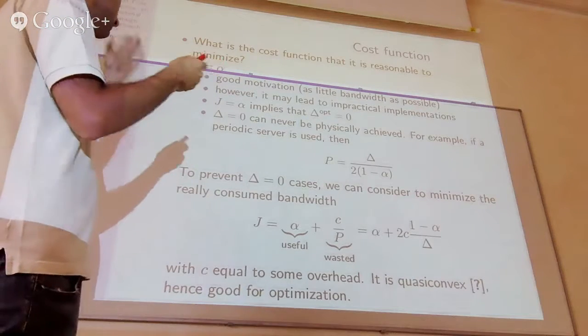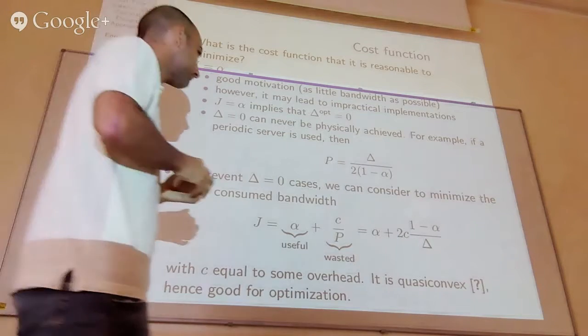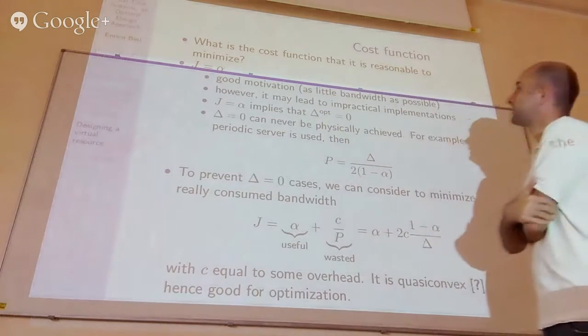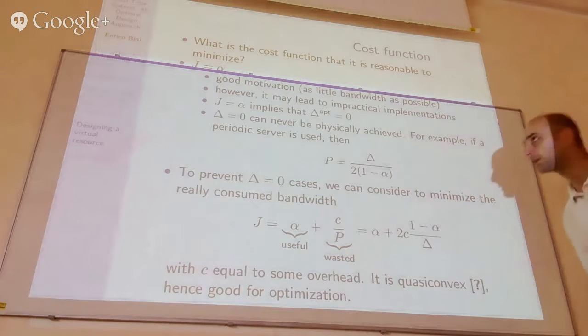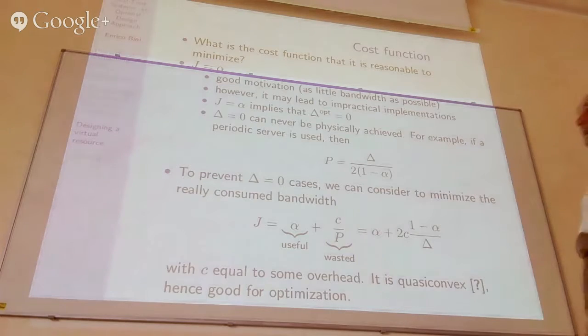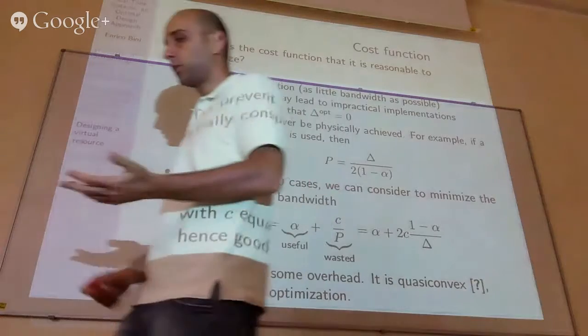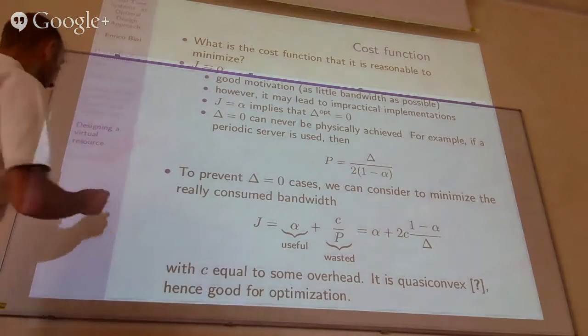It has a good motivation because we want as little as possible. However, it may lead to impractical implementation. What's the problem? If you want to minimize alpha and we have no cost in delta, basically the optimal will always be delta equal to 0.